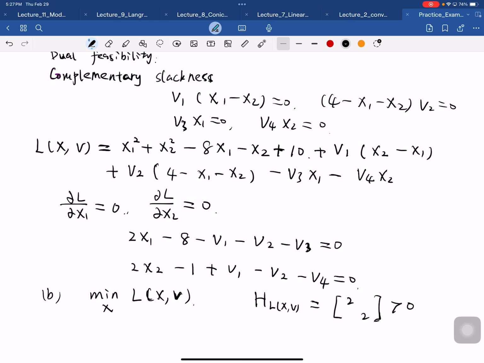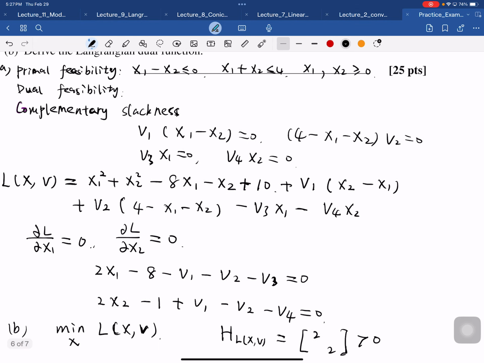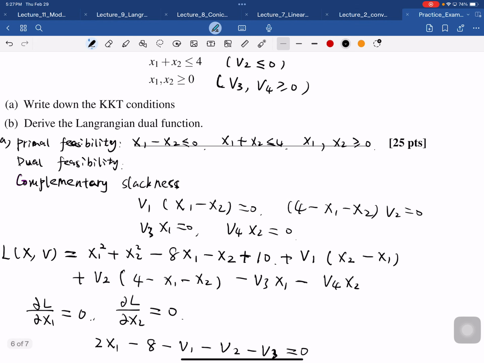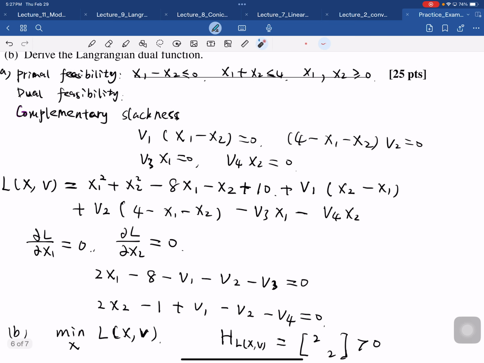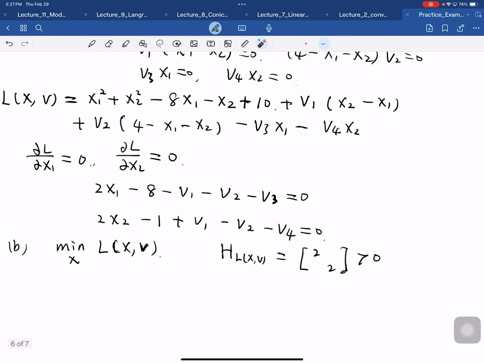So of course it has a bounded solution. And the bounded solution can be obtained when those terms equal 0, right? When the stationarity condition holds, that's when the Lagrangian function is minimized, right?